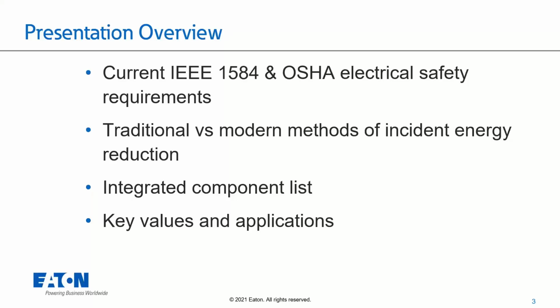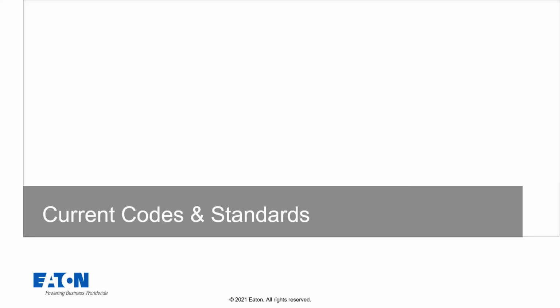And then we'll do some case studies, jumping into some of the traditional fusing where it's just primary protection, and then some of the modern methods of incident energy reduction, and then some of the key components that are used in those models, and how we integrate that into one product, which is our AR-VFI transformer, and those different key values and applications.